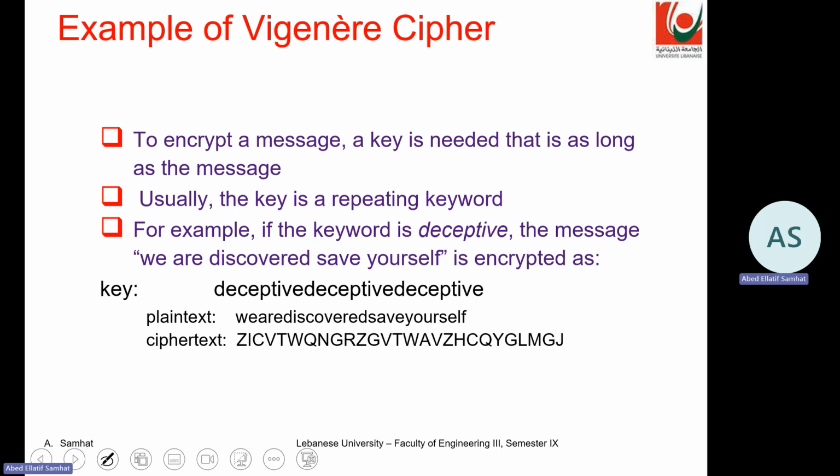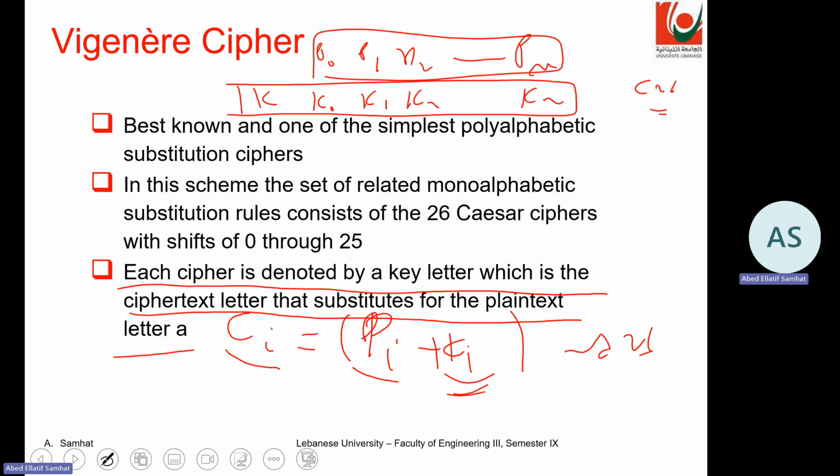So to encrypt a message, a key is needed that's as long as the message. Usually the key is repeated because, as we said here, the key maximum could be, let's say, 26, but if it's less than that, we can repeat it.